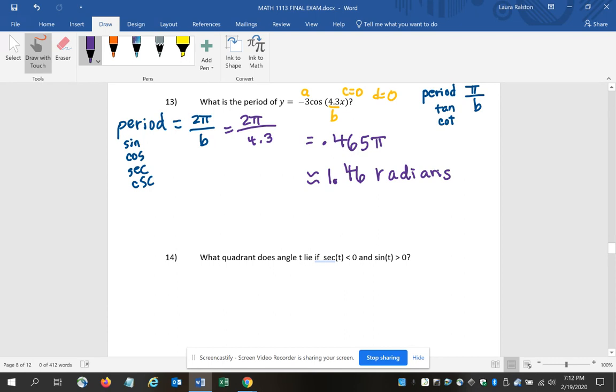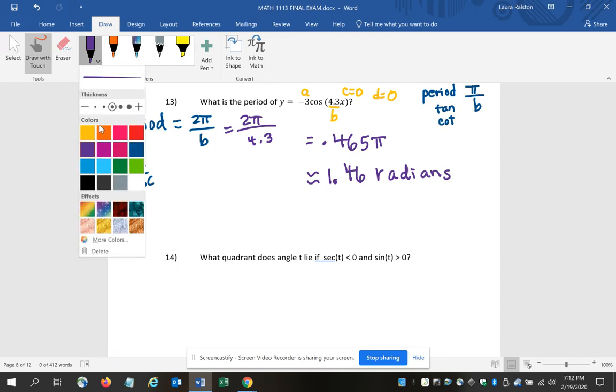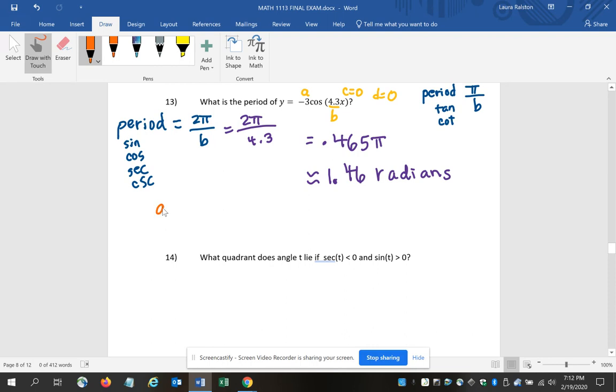Now, as a side note, it's not the question that you're being asked, but if you were asked to find the amplitude for your function, that is also a formula, and that formula is the absolute value of A. So for this problem, that would be the absolute value of negative 3, which is positive 3.